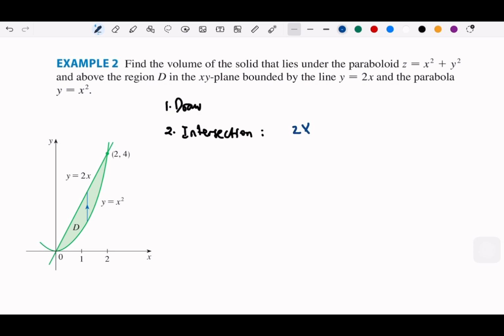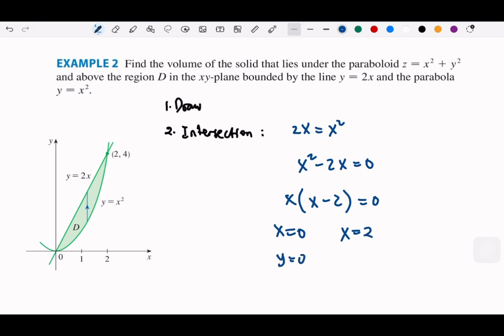So 2x equals x squared, so x squared minus 2x equals 0. So x equals 0 and x equals 2. So when x equals 0, y also 0, and y also x squared is 4. Okay. So we get all the points, (0, 0) and (2, 4), and we can see that it's going to be the intersection.